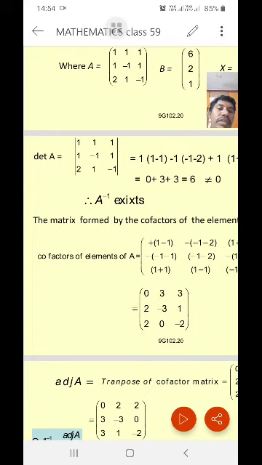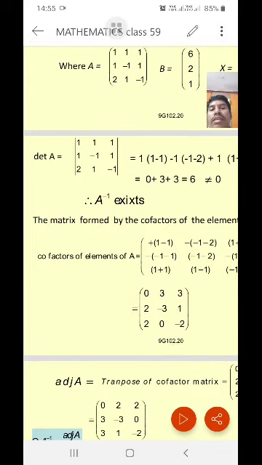Now come to the second element of the first row. For the second element, first take the minus symbol, so minus of, and after eliminating the first row and second column, the remaining four elements are 1 1, 2 minus 1, and we write their determinant here. So minus 1 minus 2, that is minus 3, minus of minus 3, so plus 3.